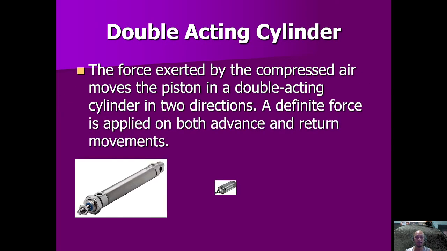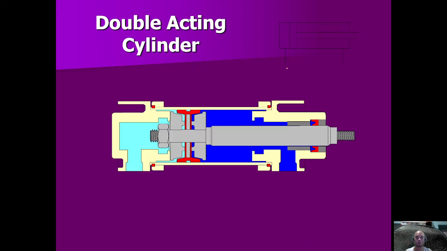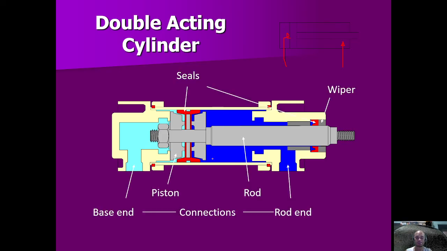Okay, we have a double acting cylinder like this one. If you put pressure in here, the piston will go to the right. But if you put pressure on the right side, the piston will go back to the left. Okay, so let's see how it works. These are the parts.